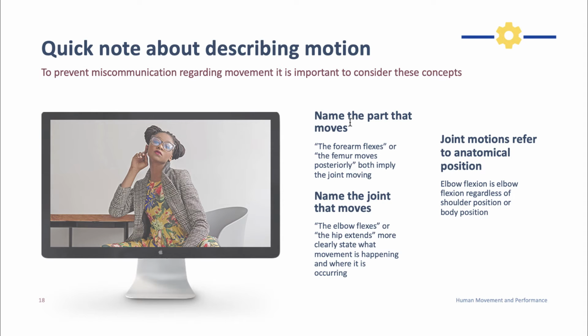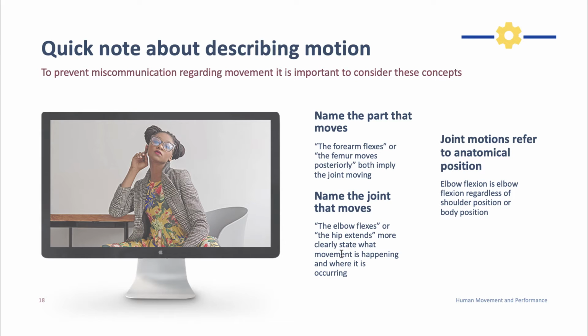What this first portion doesn't do is tell us directly what joint is moving. Generally, if we're flexing the forearm, I can probably assume it's the elbow that's moving. And if the femur is moving posteriorly, I can probably assume that means that the hip is moving. But it's helpful if we not only name the part of the body that moves, but we name the joint that moves. That makes it more clear.